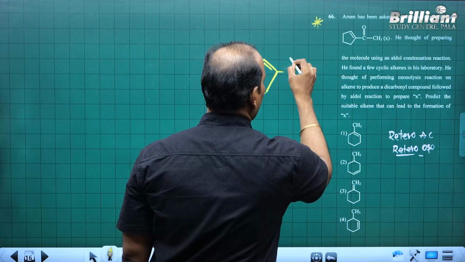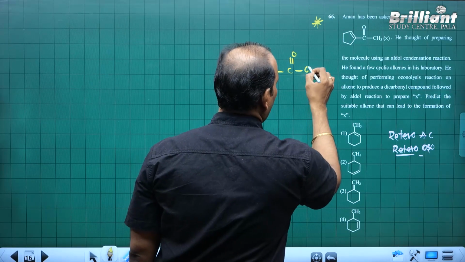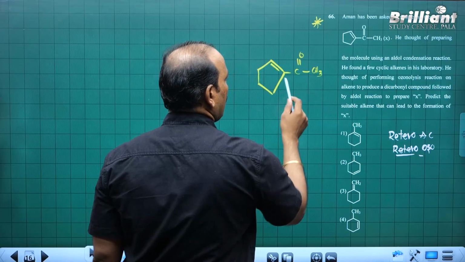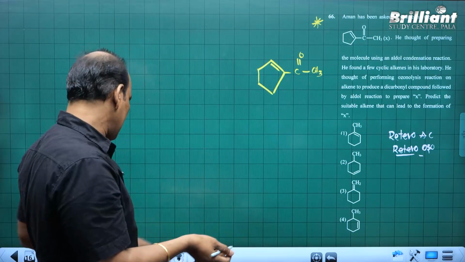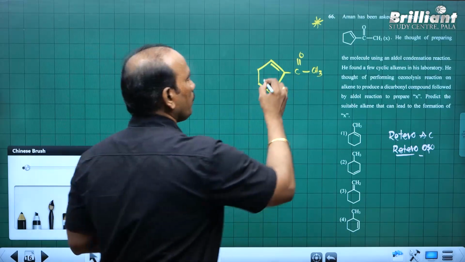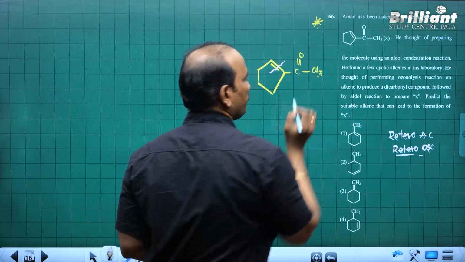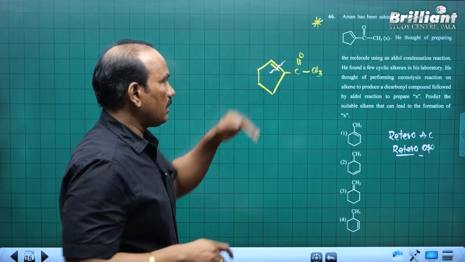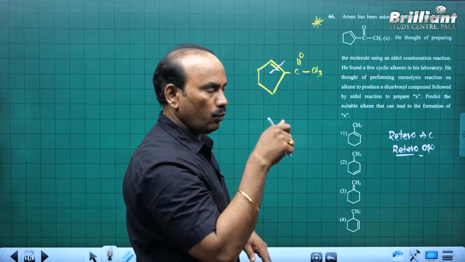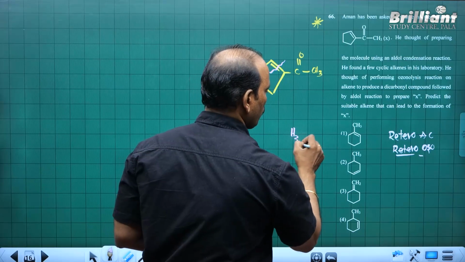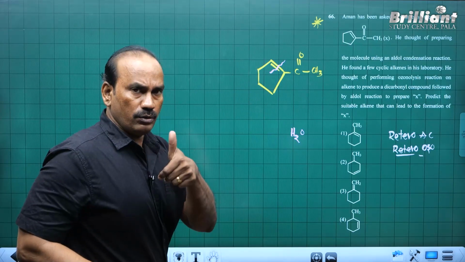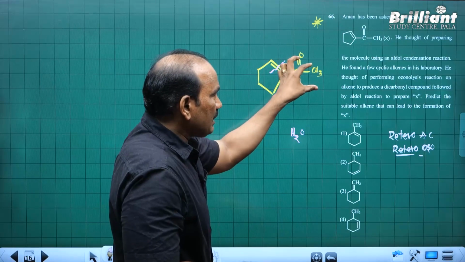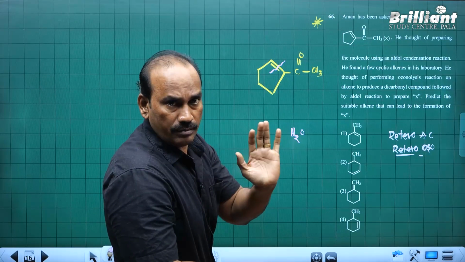Then C double bond O, CH3. Clear? Then how to identify its reactant? To remove the double bond, on the side where oxygens are there, I am adding water. In water, 2 hydrogen, 1 oxygen is there. On the side where the oxygen part is there, don't add the oxygen.